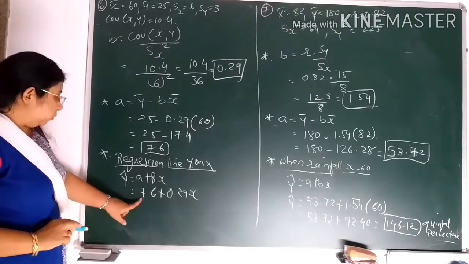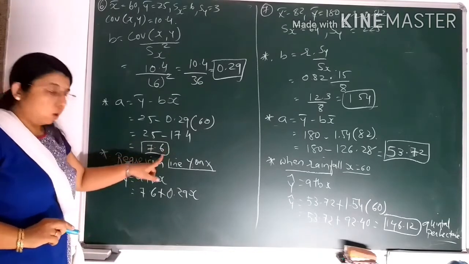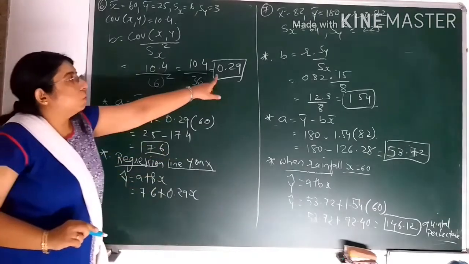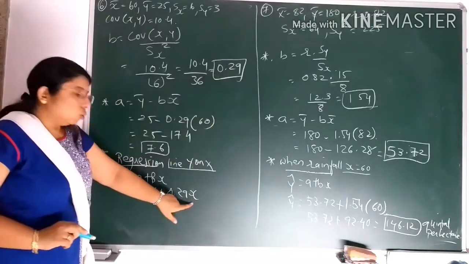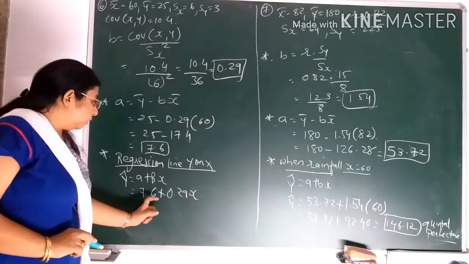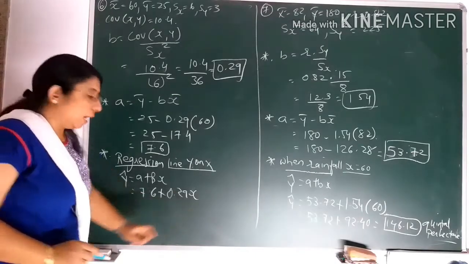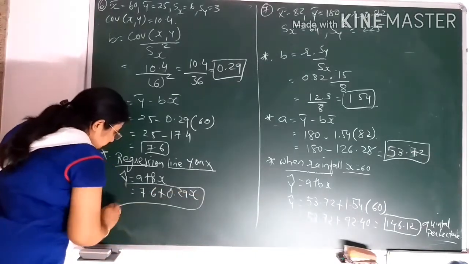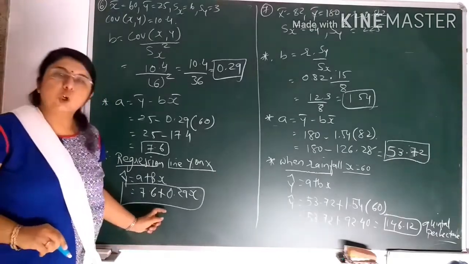So the a value, 7.6, we just found, plus the b value we also found, 0.29, into x. So the regression line of y on x comes to 7.6 plus 0.29x. So this is our final answer that has been asked in the question.